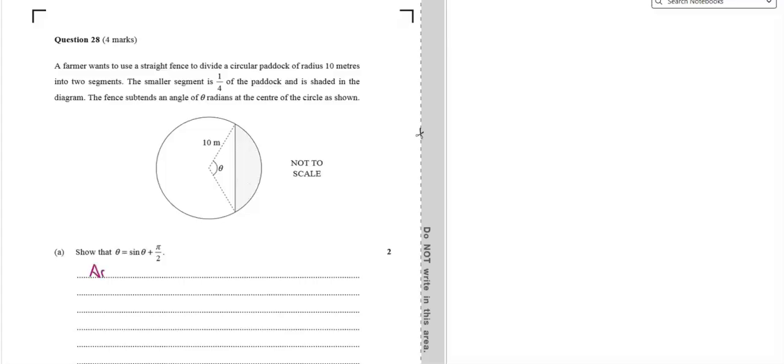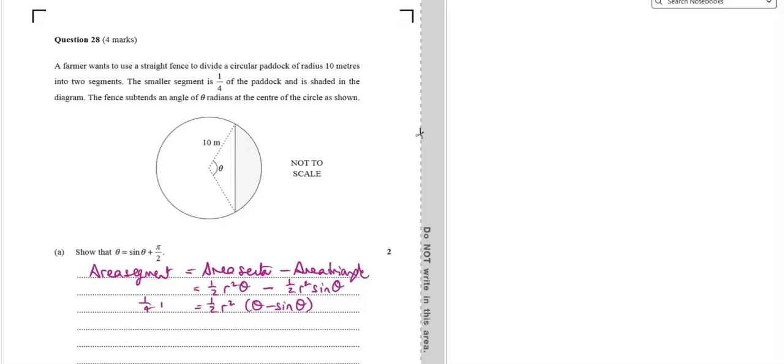Okay, so we can see that the area of the segment equals the area of the sector less the area of the triangle. So that is 1/2 r squared theta less 1/2 r squared sine theta, factorising on 1/2 r squared, that is theta minus sine theta. But we're also told that the area of this segment, the part that's shaded, is 1/4 of the whole circle.